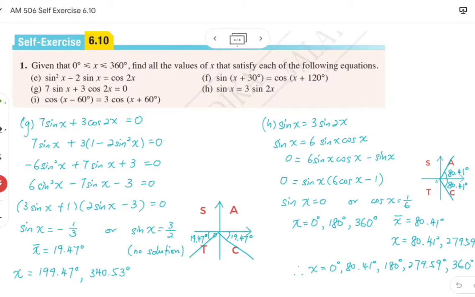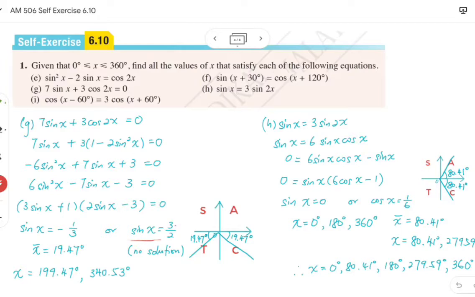We'll get sine x equals negative 1 over 3 or sine x equals 3 over 2. From sine x equals negative 1 over 3, the reference angle will be 19.47, and it will be put in quadrant 3 and quadrant 4, so that we get the angles x equals 199.47 and 340.53 degrees.